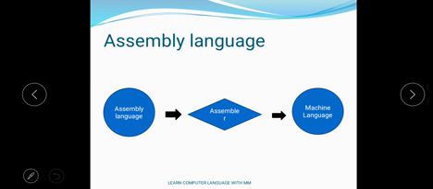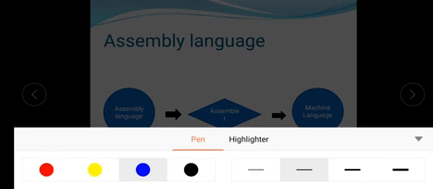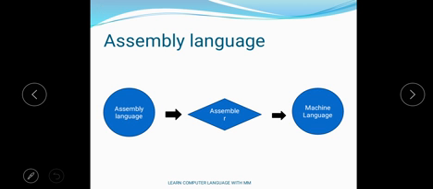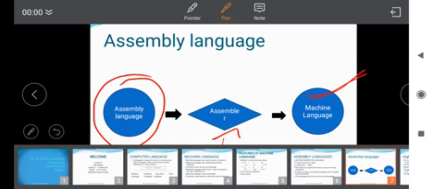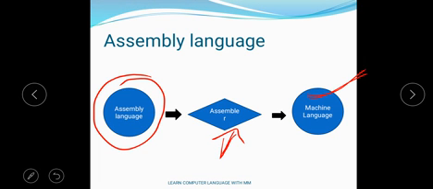Here I have taken the pictorial representation of assembly language. Here assembly language is converting into machine language with the help of an assembler. The assembler is changing the mnemonic codes into binary digits, or we can say it is changing the assembly language into machine language so that it can give the output.